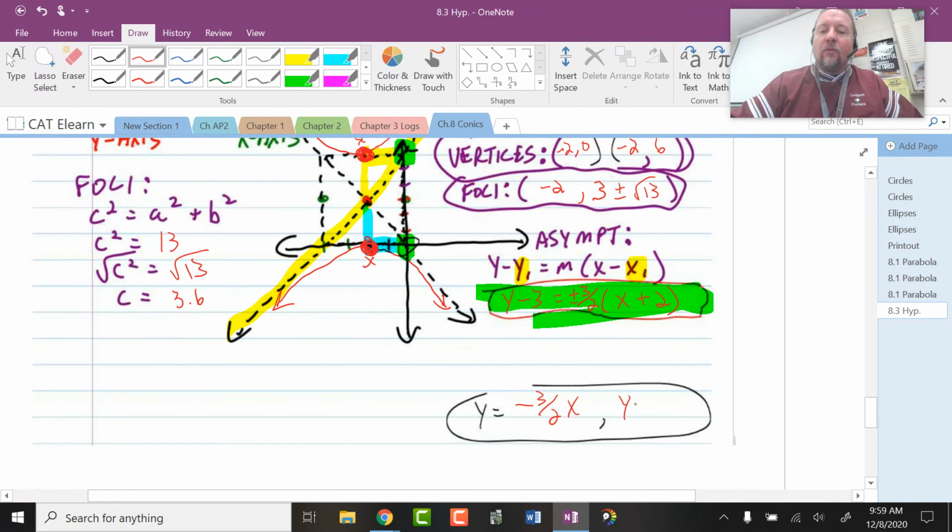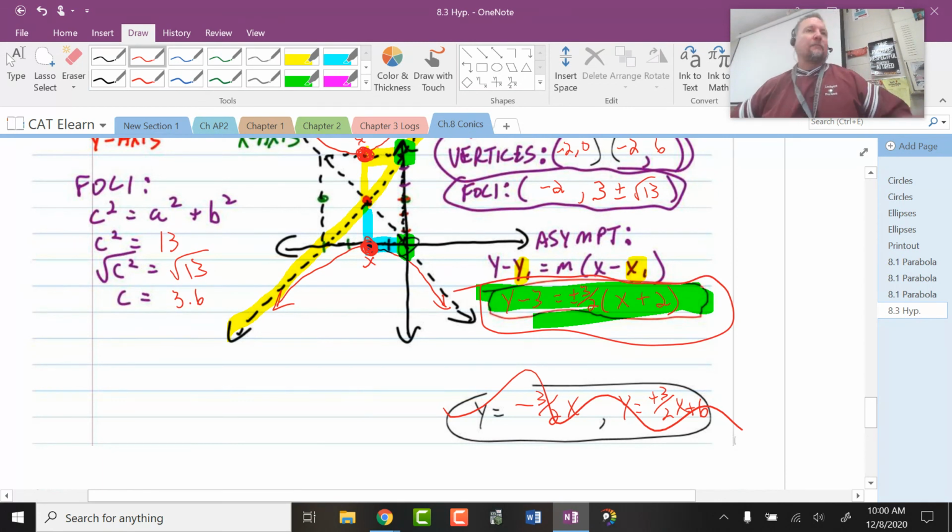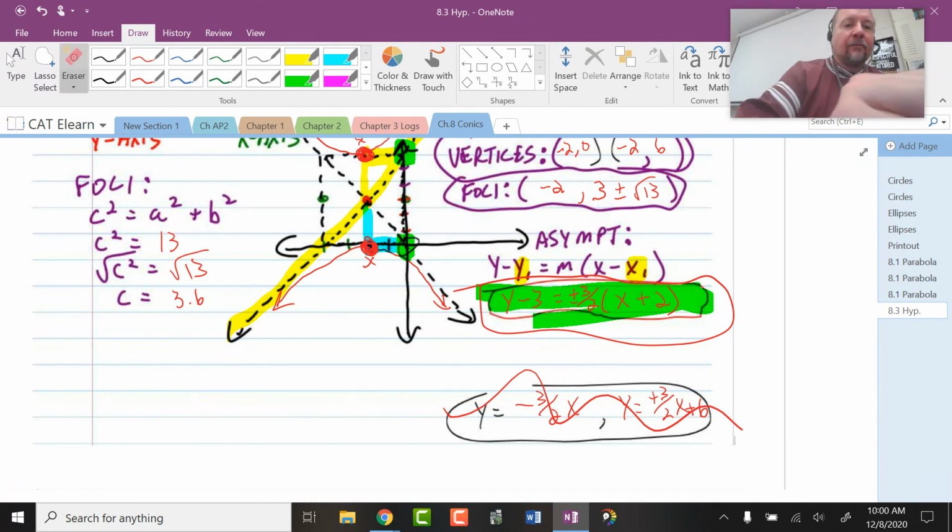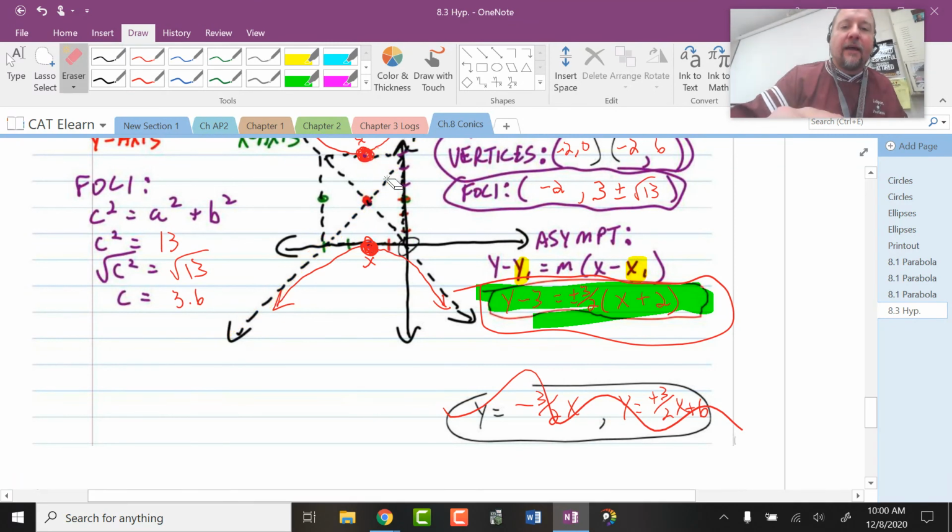And then the other one, y equals positive 3/2 x, has 6 as a y-intercept. If you were to separate these into two separate equations and solve for them, this is what they would be. We just always let people leave their asymptotes like this in plus minus form and just put them in one situation. So just so you know, if you're really good with equations of lines, that's actually what happens.